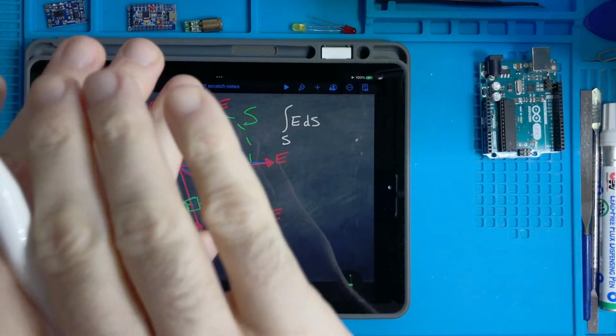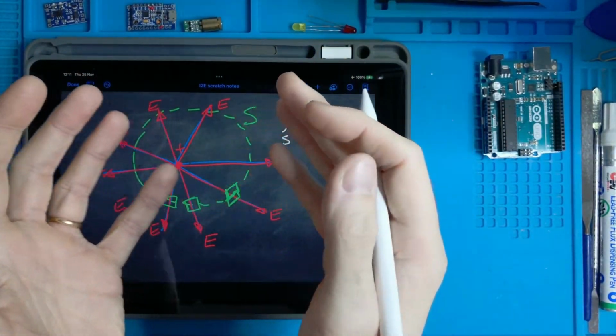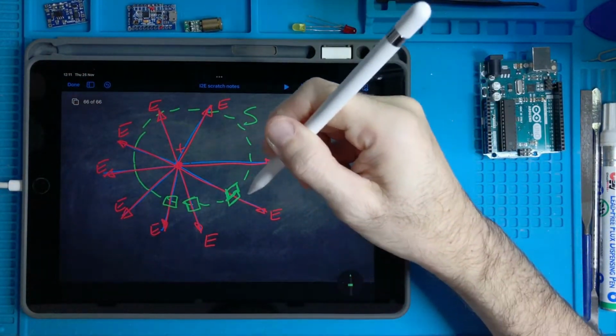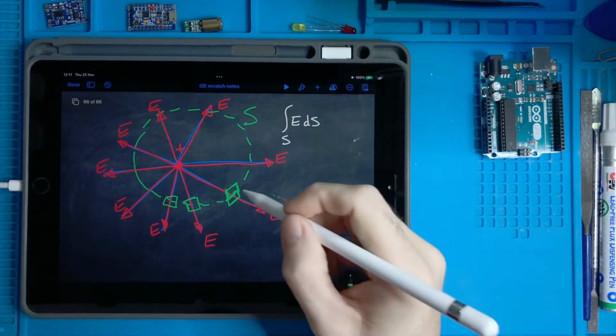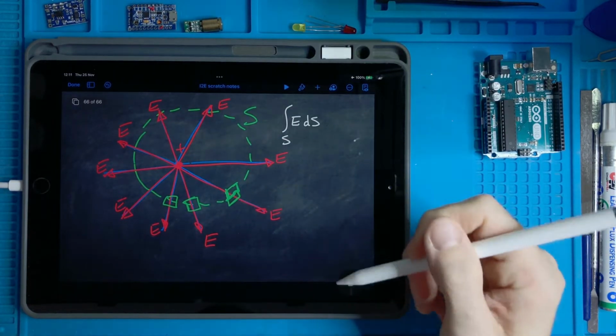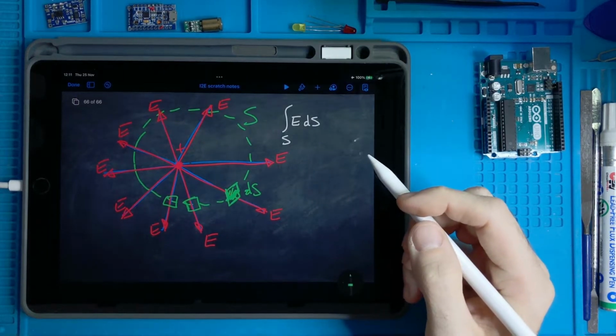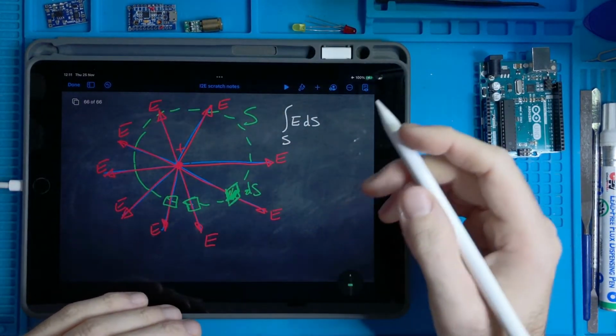You have to imagine a sort of patches, a sphere made by patches, and you calculate the electric field multiplied by the area dS, and you sum all these things together.